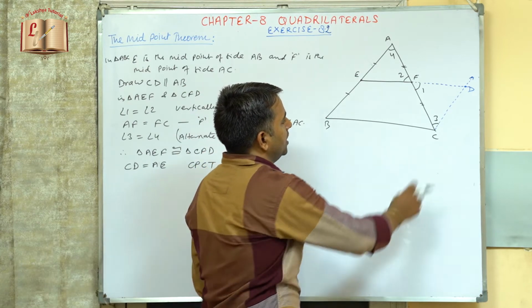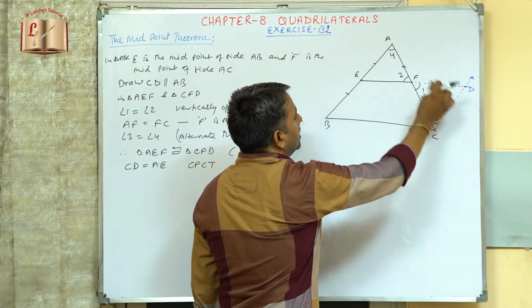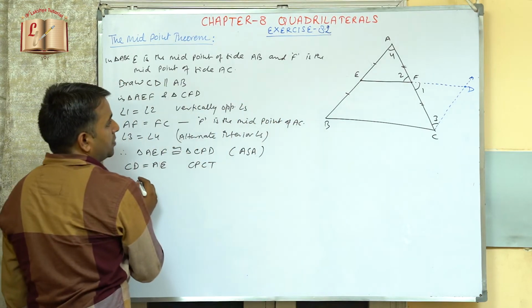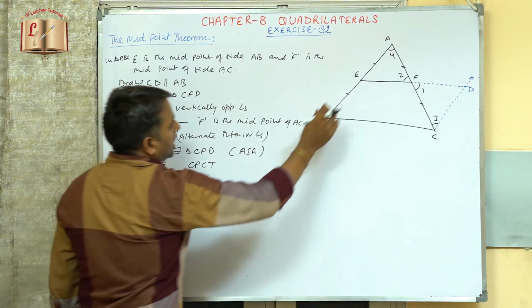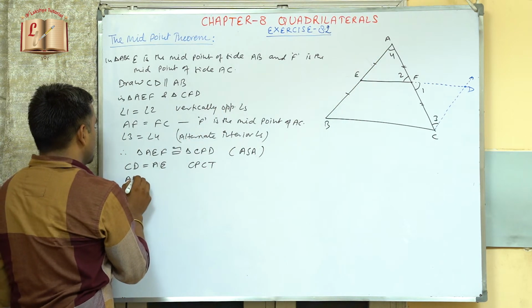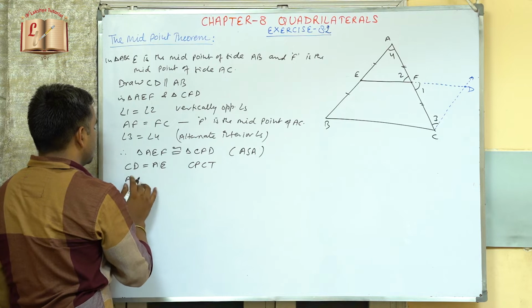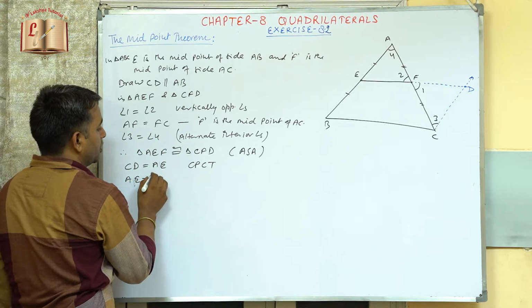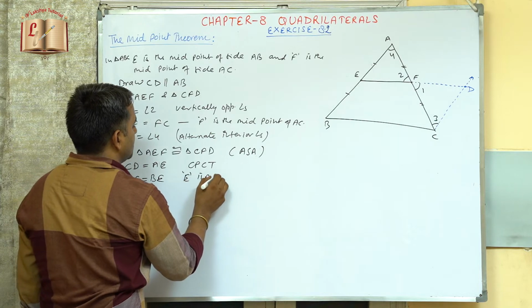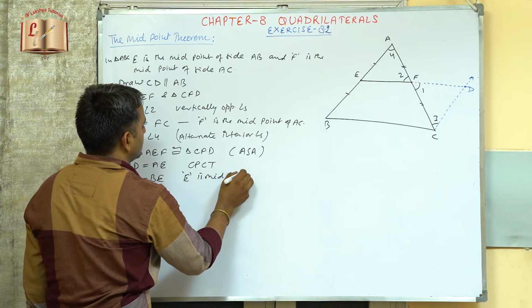So this side is equal to this side by CPCT, and it is given that AE is equal to BE, because E is the midpoint.